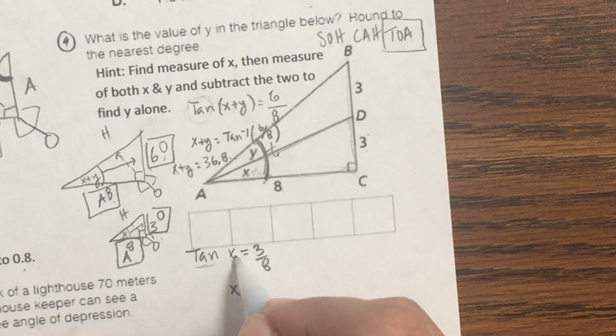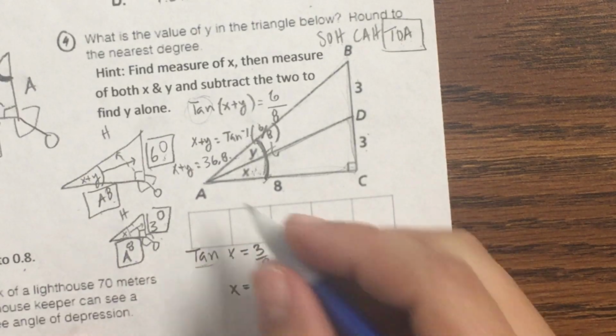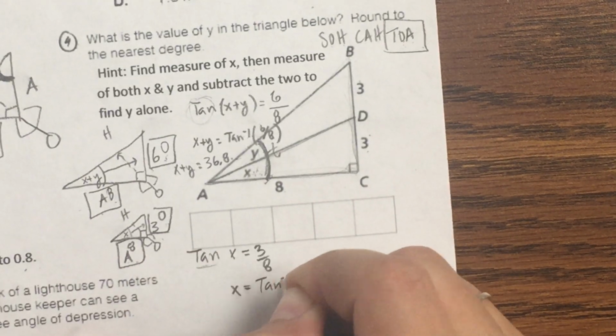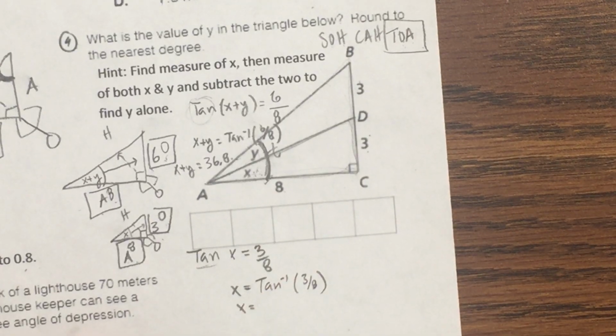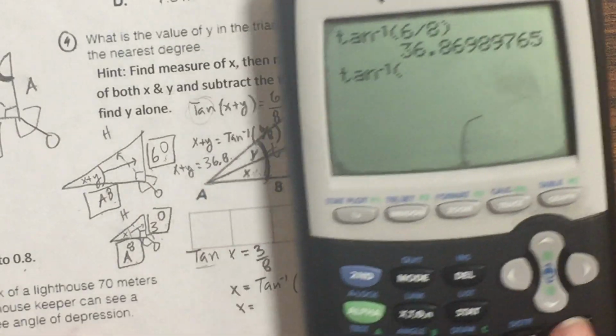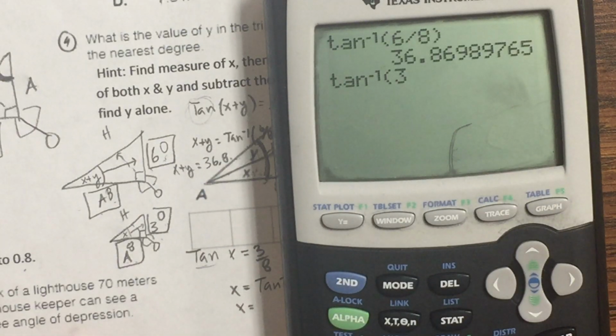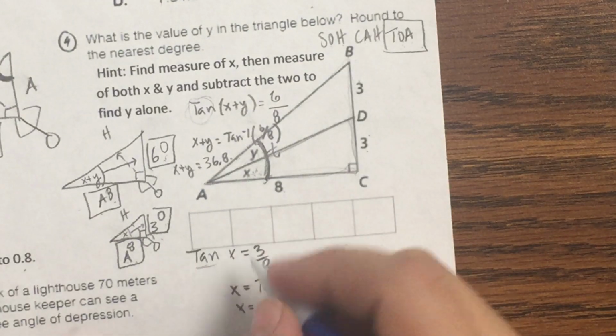Remember, it's not tan of the number, so this is not a number right now. It's tan by itself we're trying to get rid of because that's the variable. So inverse tan of 3 over 8. So x equals, again, inverse tan is shift tan, and we want to go 3 divided by 8. 20.55.